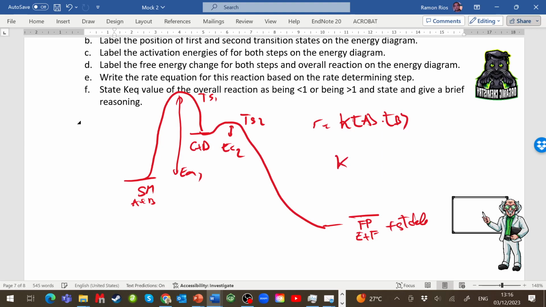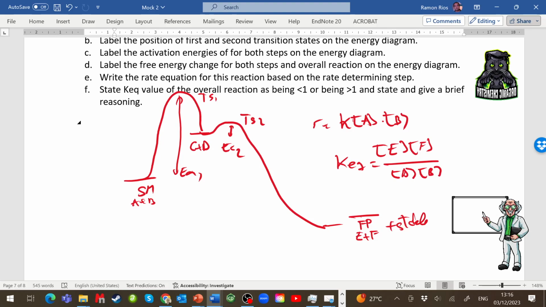Remember that the equilibrium constant is equal to the concentration of the final products, E plus F, divided by the starting materials, A multiplied by B.